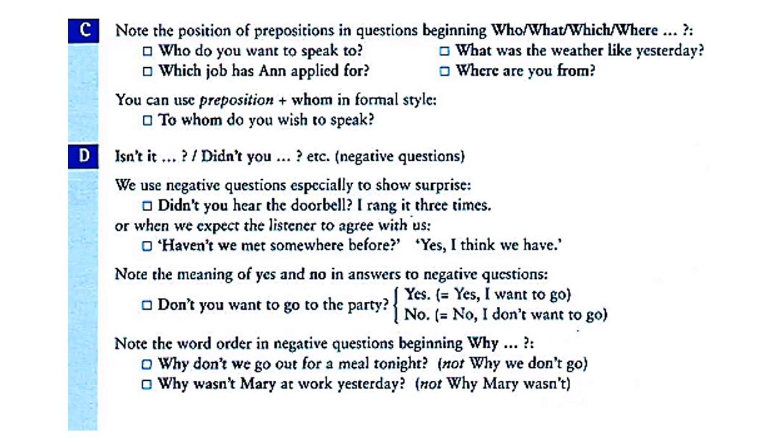For example, didn't you hear the doorbell? I rang it 3 times. So I expect that you have heard it, and I will be surprised if you didn't hear the doorbell.